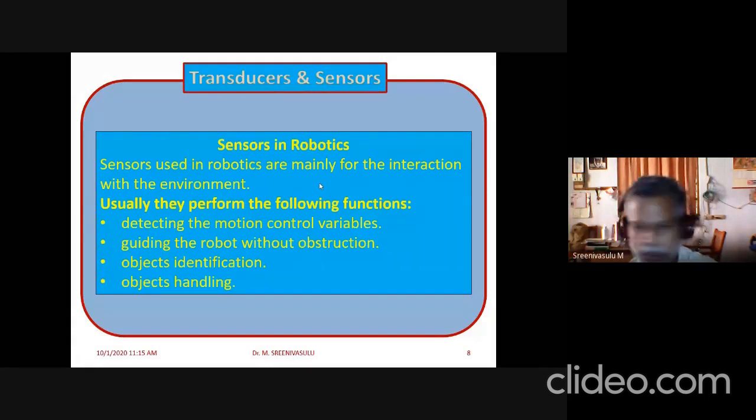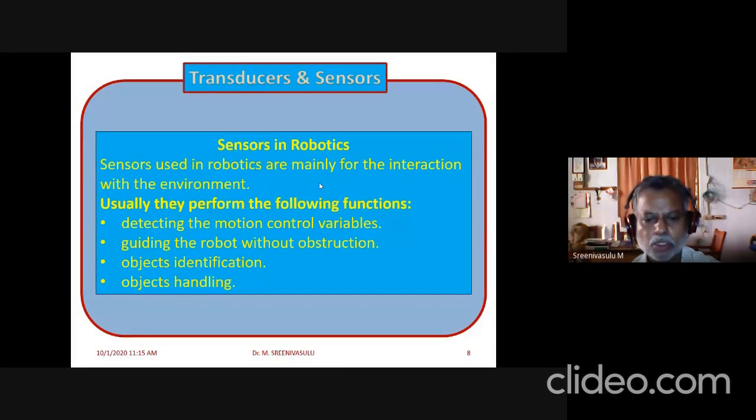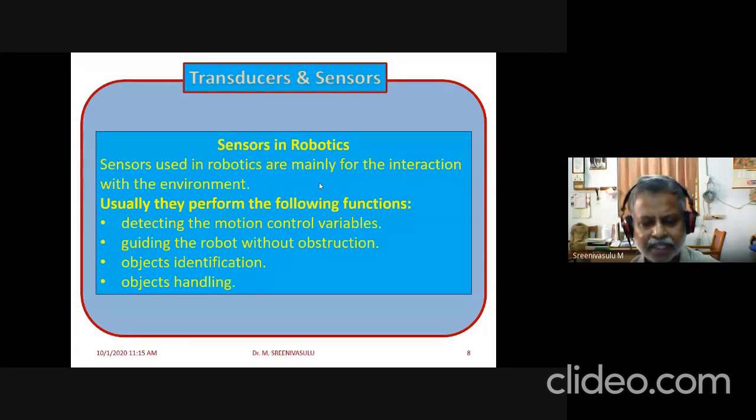Usually, they perform the following functions: detecting the motion control variables, guiding the robot without obstruction, objects identification, and objects handling. These four are the major tasks. In order to handle these tasks, the robot takes the support of sensors.